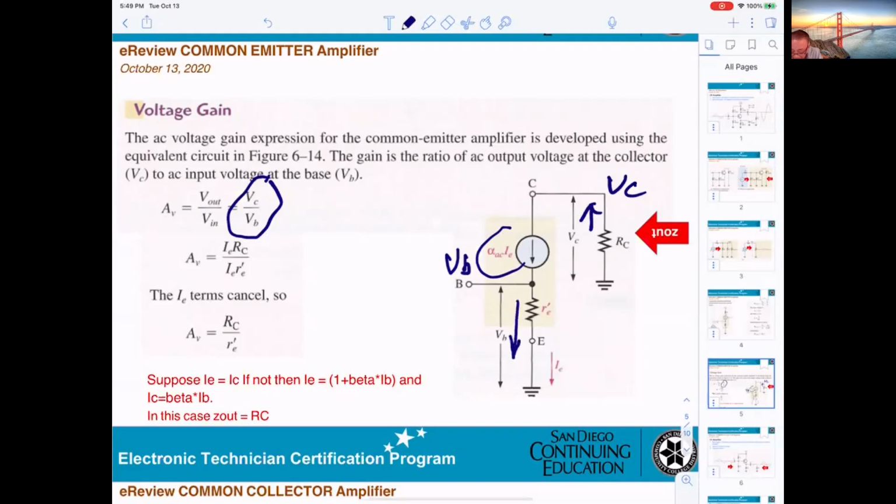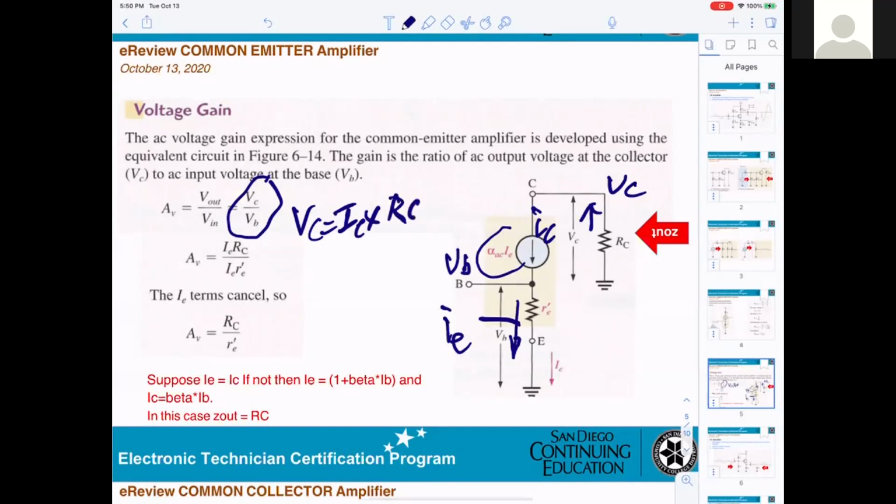What current? IE. Perfect. IE. The current here will be IC. Now, if you want to calculate the VC, you take IC times RC.